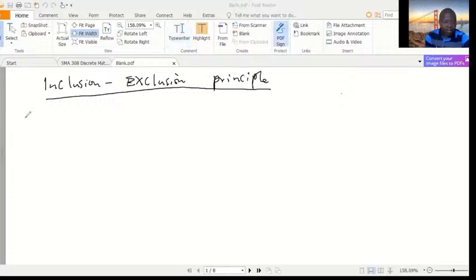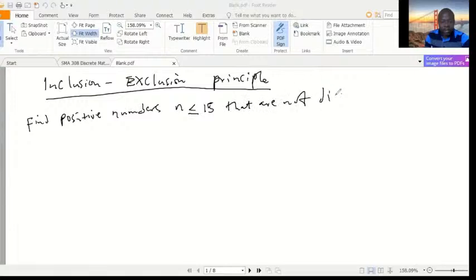Now, the first extra example that I want us to look at is: find positive numbers n, less than or equal to 15, that are not divisible by 2 or 3.